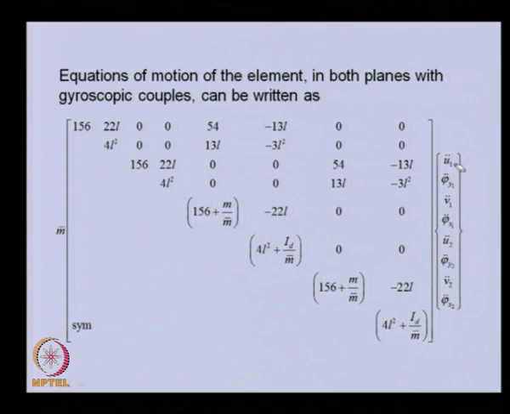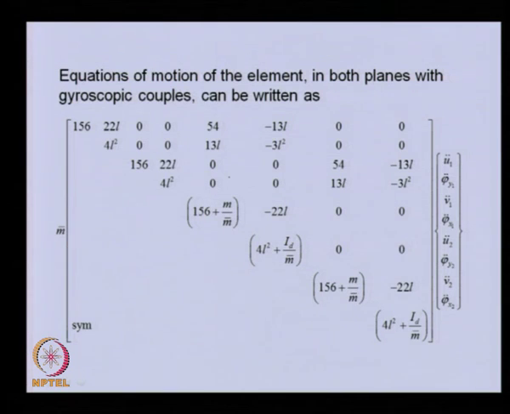In this, the first 4 correspond to node 1. The first 2 are for horizontal displacement, these are for the vertical displacement at node 1. Similarly, here for node 2, horizontal displacement, vertical displacement. Accordingly, the positions of these mass matrices which we developed earlier will change.